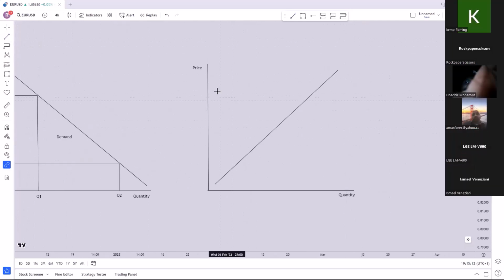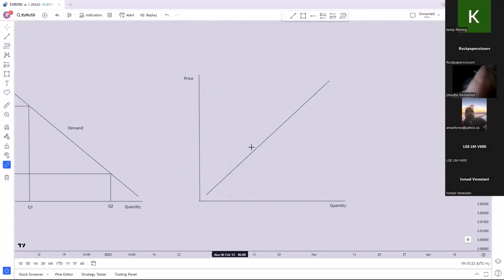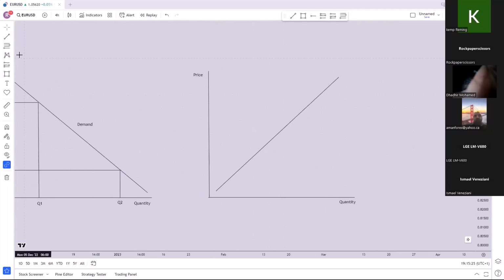So we've got the price here, and then we've got the quantity here, and this line going this way obviously is showing the demand, and this line going here is showing the supply. So let's say we've got this line coming here and this line coming here.